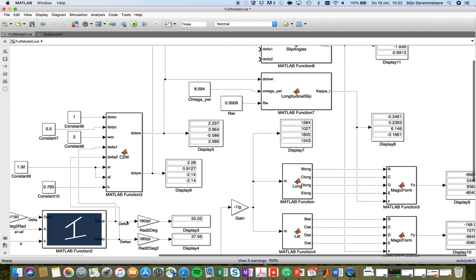However, I can connect them because here I already have delta 1, so I can make this connection and I can make the other connection as well. Play it again. Wait a little bit until the simulation is done.